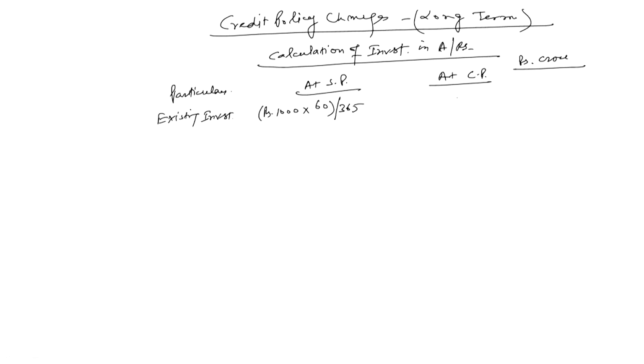And at the cost price, you have to take the 1000 rupees, and we have to take the cost of sales, which is 80%, and again the credit period is 60 days. So, this is at the cost price divided by 365.